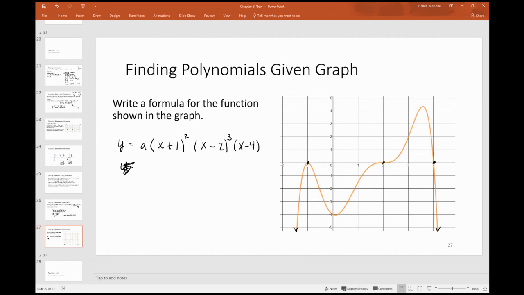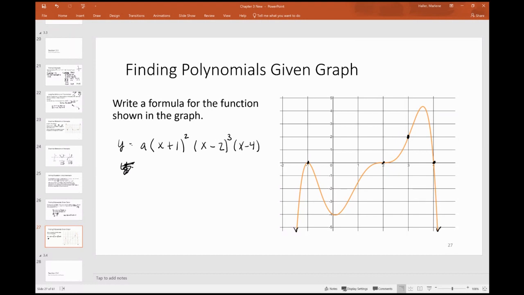Let's see if we can find a clear point that we can use to determine what the stretch factor, the value of a, is going to be. We don't want to use the zeros. That won't work for us, but here's a nice clear point with whole number coordinates that looks good for finding the value of a.